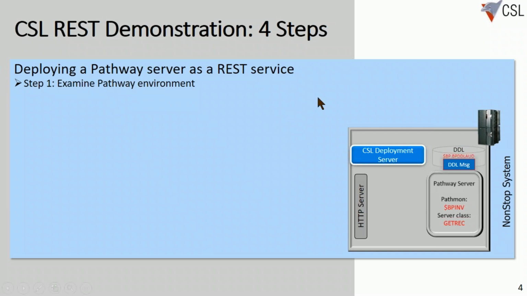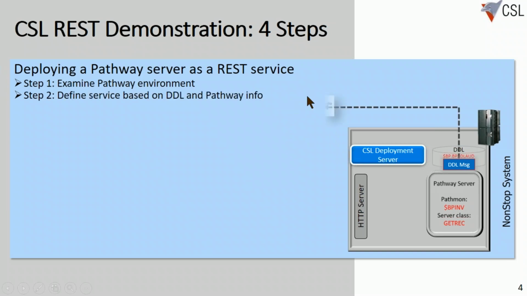So what we're going to be doing is using a development tool, CSL Studio, to consume that DDL and also provide information about the pathway environment and have it construct what we call a service definition. Now, the service definition is a primary component in generation of SOAP or REST, but also that same service definition can be used to generate the high-performing APIs if we were to choose to do that. For today, we're just going to focus on REST.